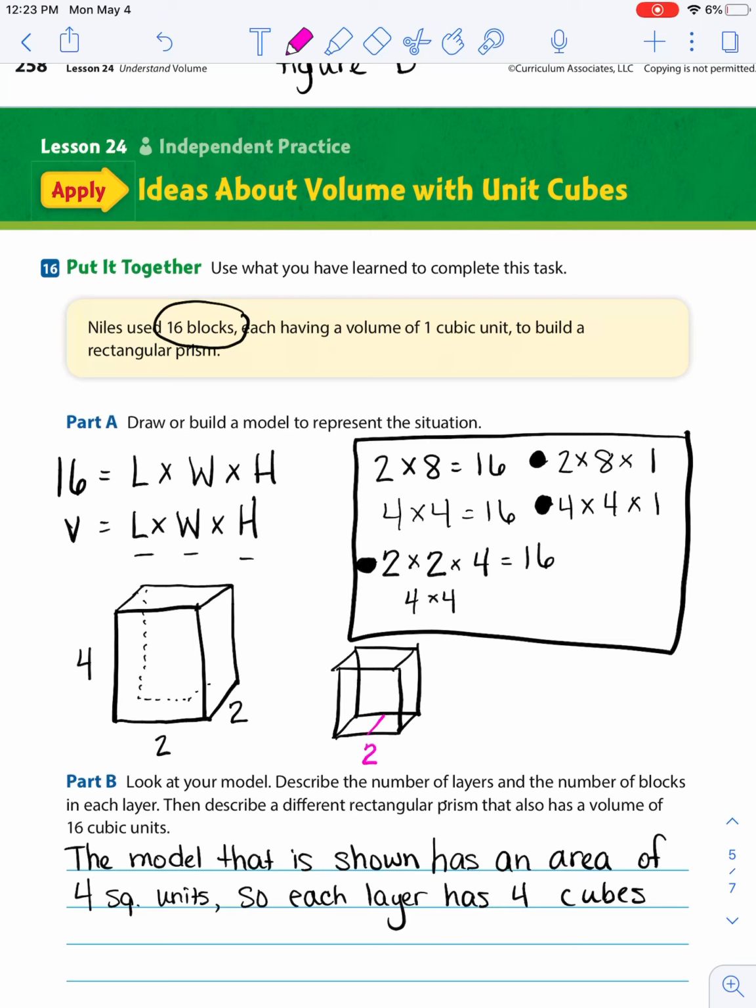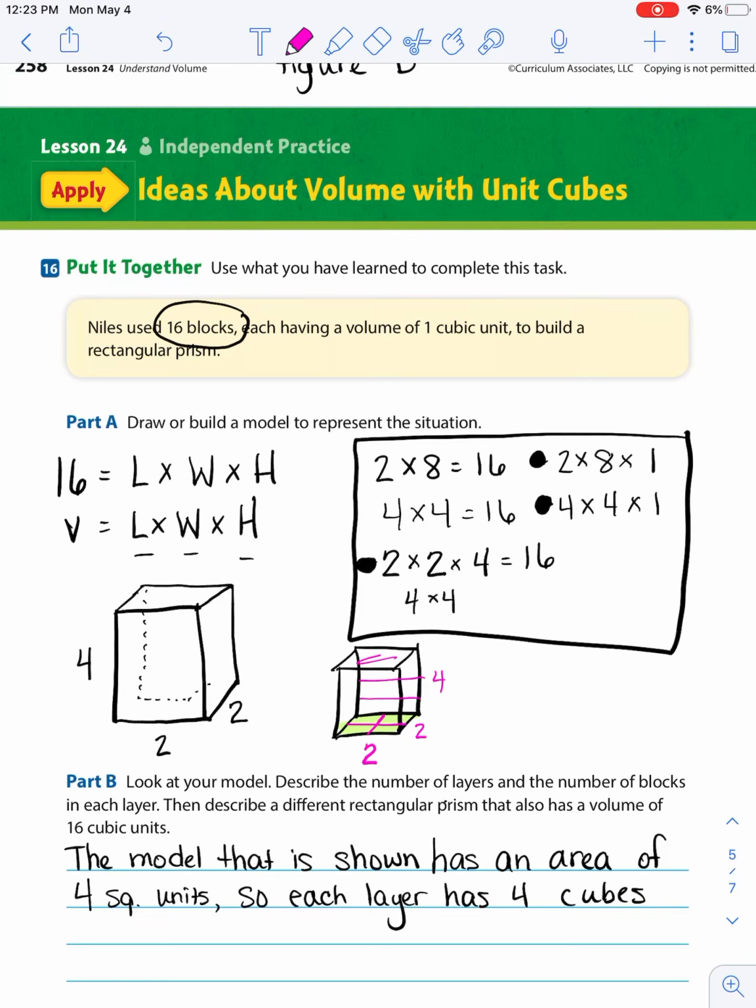Boop, boop, boop. And then it has 2 cubes that go this way. Do, do, do. And so the area of this guy is 4. So it has 4. But the reason that it has a volume of 16 is because the height is 4. So there would be 4 layers of that. Okay? And then the top.